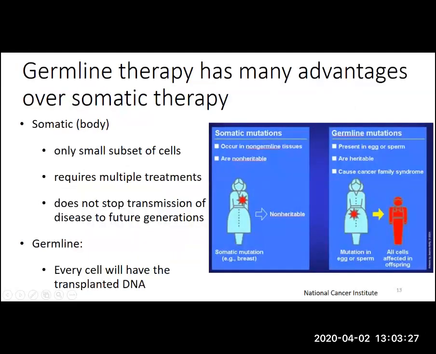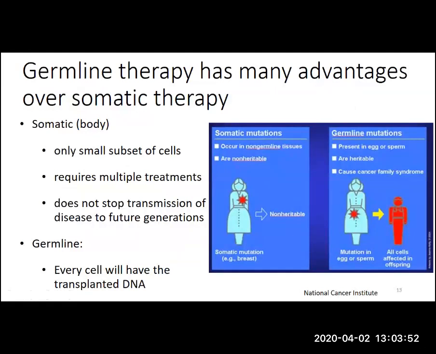Now, most of the gene therapy up to this point has been somatic gene therapy. And again, somatic body cells, you're going to be targeting the cells, generally a small subset of cells, whether they're treated within the individual or isolated from the individual, altered in a laboratory setting and then put back into the individual.